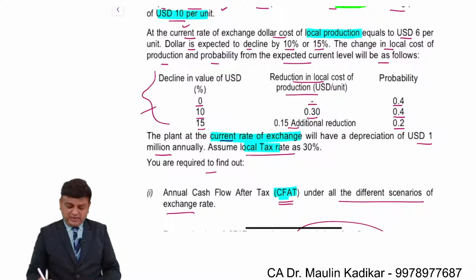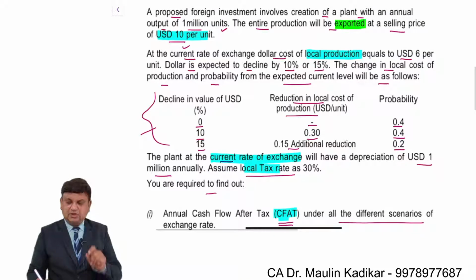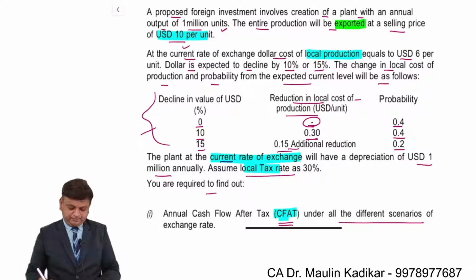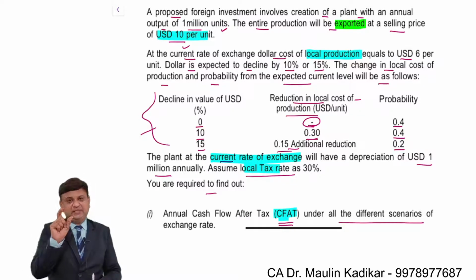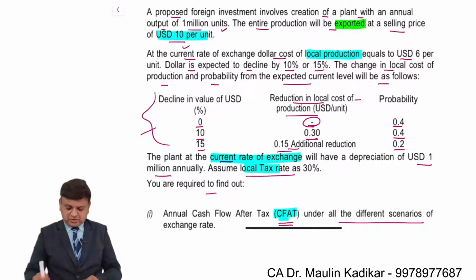The question provides the information that the dollar cost is going to change, in a way that there is a reduction in the local cost of production. In the first case, it is going to remain the same, 6 only. In the second and the third, it will reduce. So selling price is 10 minus variable cost.